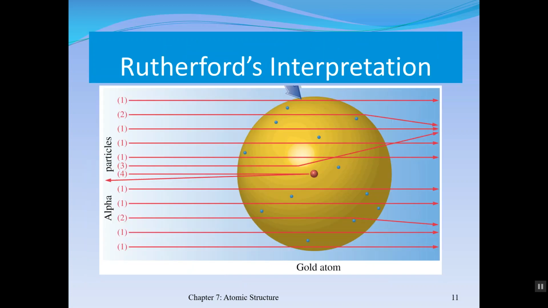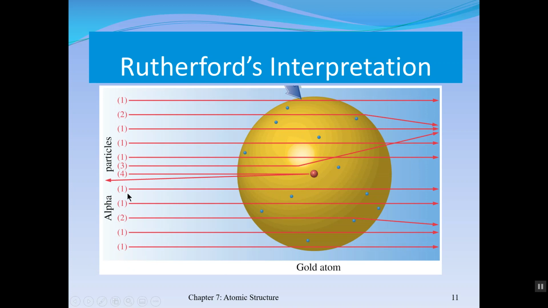So what Rutherford is saying, based on his data, is that when the alpha particles are shot at the metal foil, most of them will not even come close to where the nucleus is, which means that the nucleus must be a very small concentrated region in the atom.